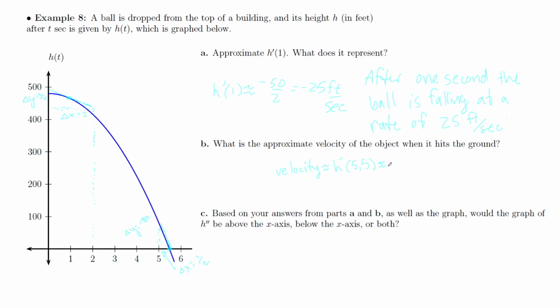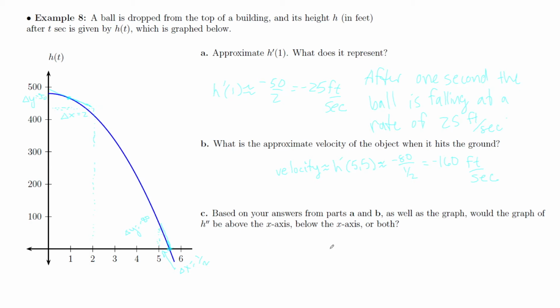So that's about negative 80 over 1/2, which gives me negative 160 feet per second. What we can see here is we had negative 25 feet per second after it was falling for 1 second, and after 5.5 seconds, when it hits the ground, we're all the way at negative 160 feet per second. It says, based on your answers from parts A and B, as well as the graph, would the graph of h double prime be above the x-axis, below the x-axis, or both?